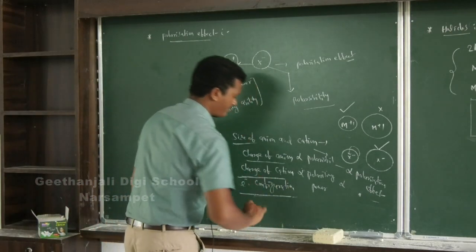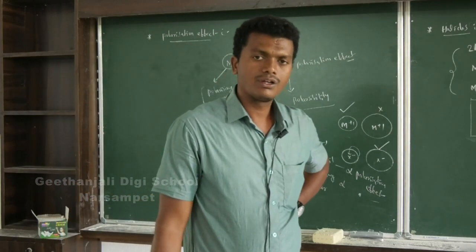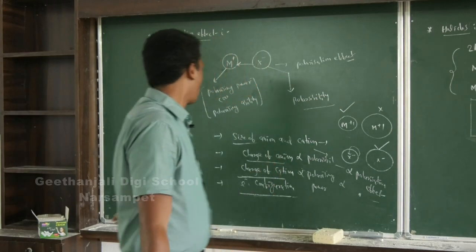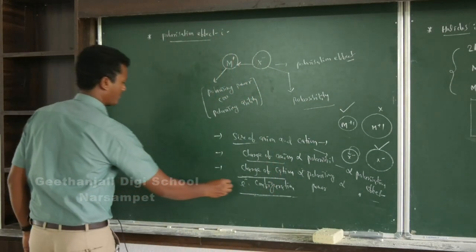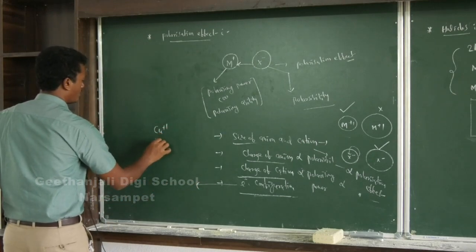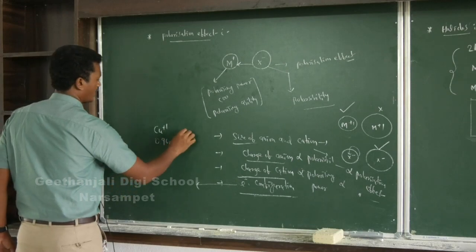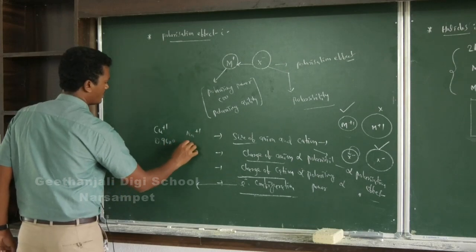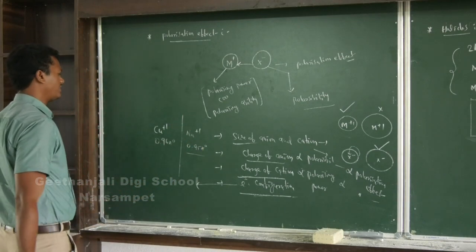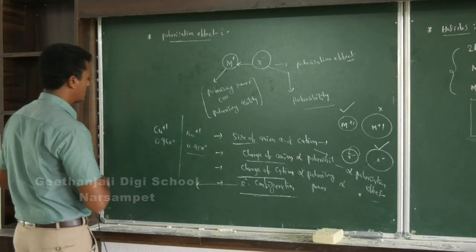Next, electronic configuration. Here we take two different cations with almost the same size but different configurations. For this property, I am taking Cu plus 1, which is 0.96 angstroms, and Na plus 1, which is 0.95 angstroms. Very less difference, 0.01; we should not consider the difference.